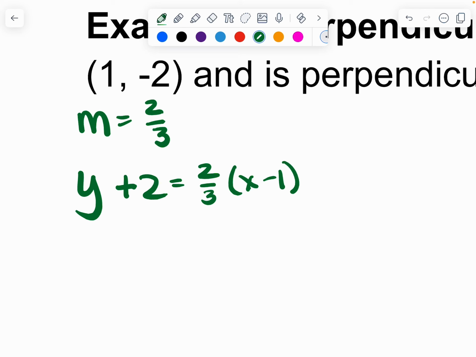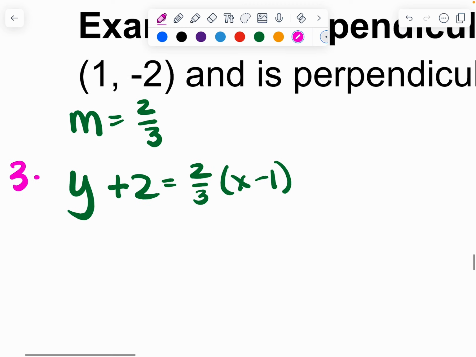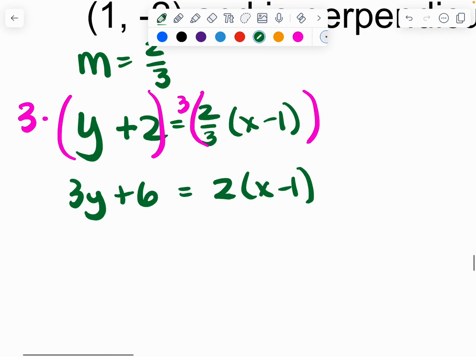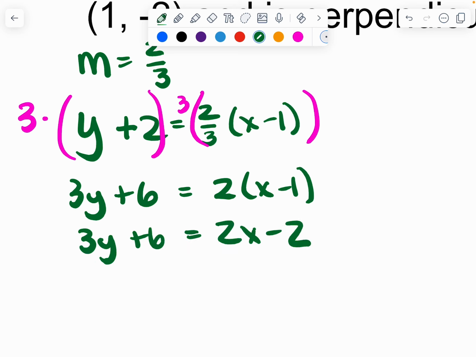If I put it in slope intercept, well, first of all, let's get rid of that 3, because 3's aren't as easy to deal with. So 3y plus 6 equals 2 times the quantity x minus 1. 3y plus 6 equals 2x minus 2.